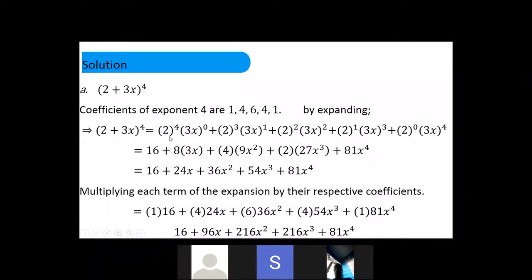So the first term, we take the highest exponent. Don't copy this yet, I'm using it to explain.